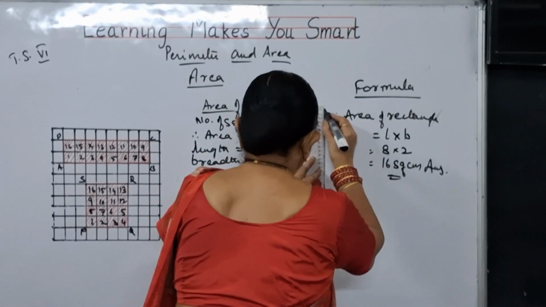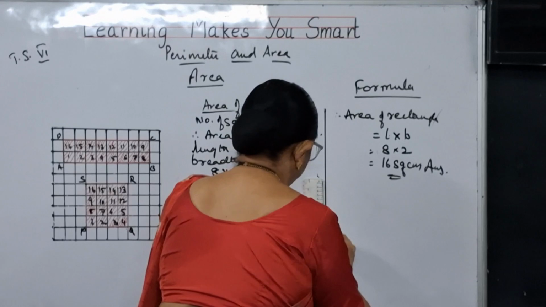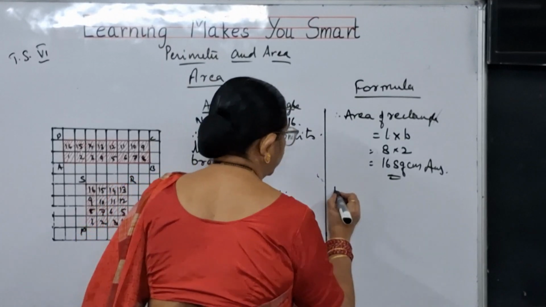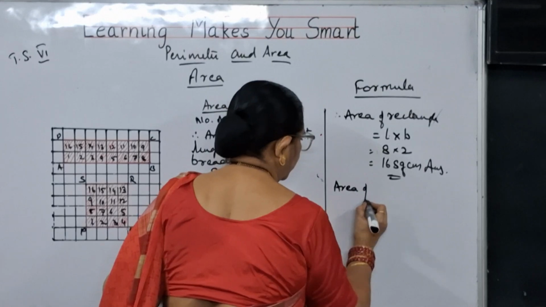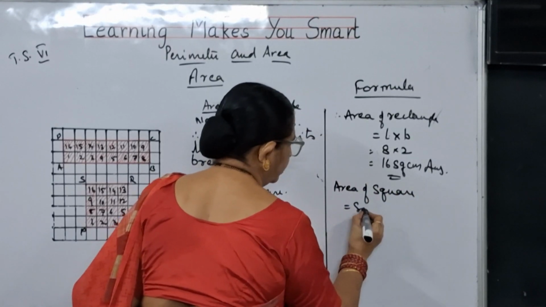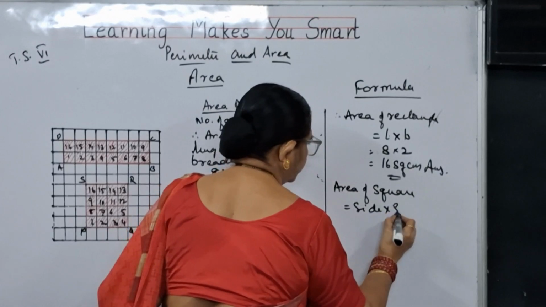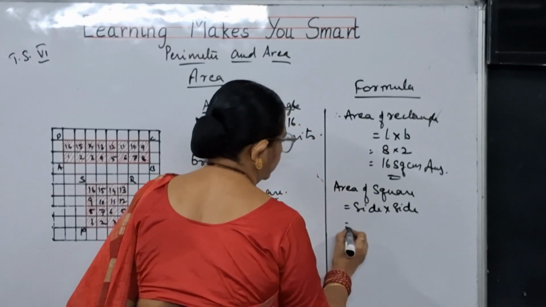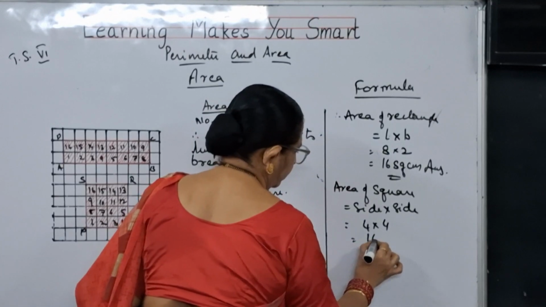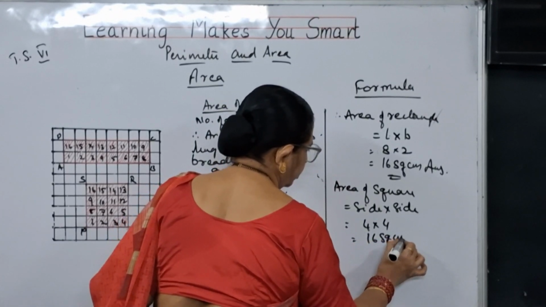Now we are going to develop a formula for area of square. So area of square is nothing but side into side, that is 4 into 4, 16 square centimeters.